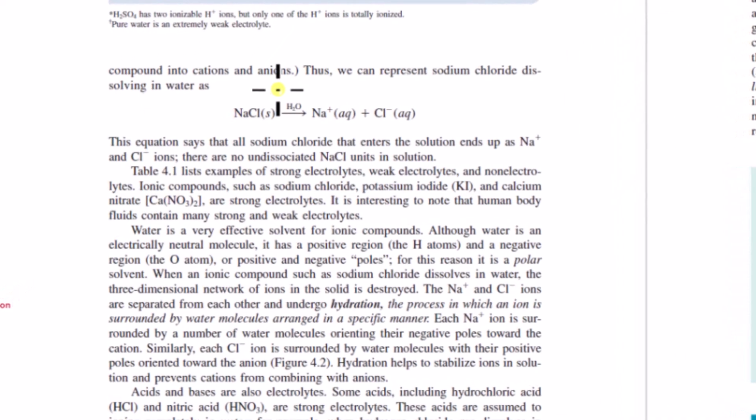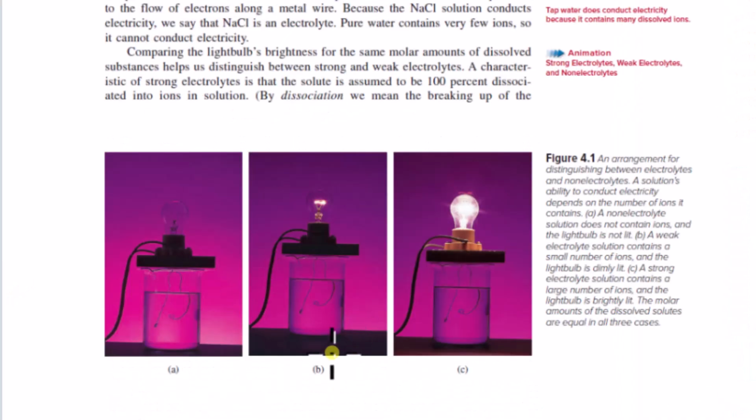Okay. So what they're saying is that for this demonstration here, you've got the same amount of water, and you've got these electrodes with the same electric potential across them, and then they're dissolving equivalent molar amounts, so the same number of molecules, or if it's an ionic compound, the same number of units, into each beaker.